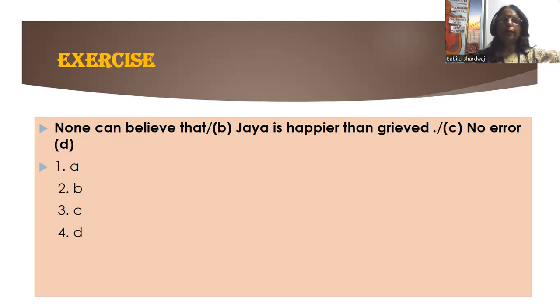When we are going to compare the adjectives, we can't compare it like this. Jaya is happy, right? There cannot be a comparison of 2 adjectives as is being done in this particular sentence. So the correct sentence will be, none can believe that Jaya is more happy than grieved. That's it for this particular sentence.